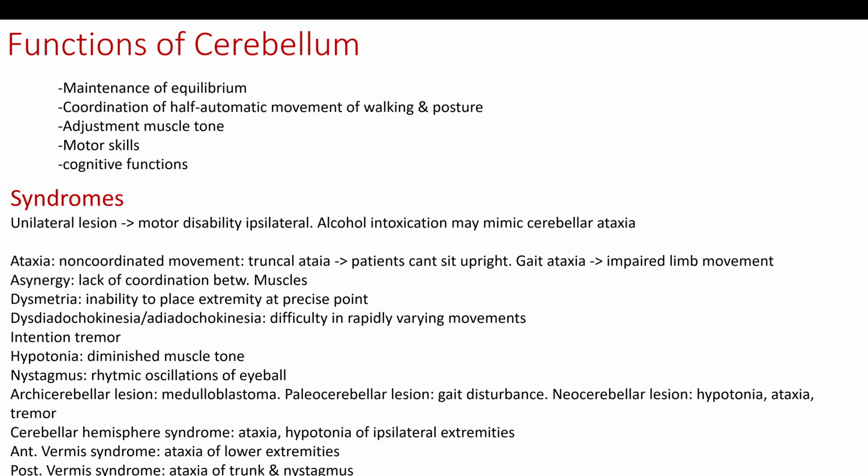Anterior vermis syndrome: ataxia of the legs and trunk during walking, with partial or no involvement of the upper extremities, speech or eye muscles, especially seen in chronic alcoholic patients. Flocculonodular lobe or posterior vermis syndrome: ataxia of the trunk, often nystagmus. Pancerebellar syndrome: bilateral ataxia, dysarthria, nystagmus, hypotonia of all voluntary muscles.